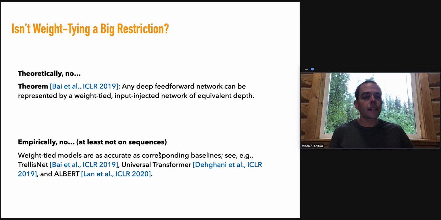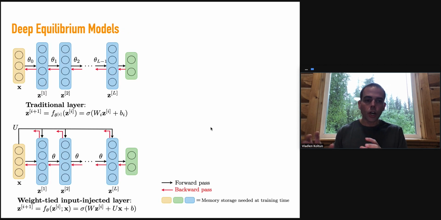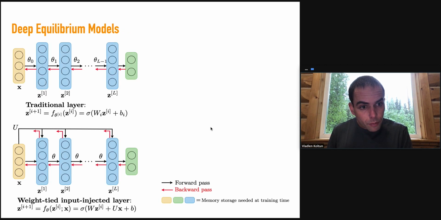Furthermore, we and other teams have shown that weight-tied deep networks, where each layer is the same, you just apply the same layer many times, are empirically as strong as non-weight-tied deep networks, at least in the domain of natural language processing. So, that was the first step. Why don't we make all layers the same?